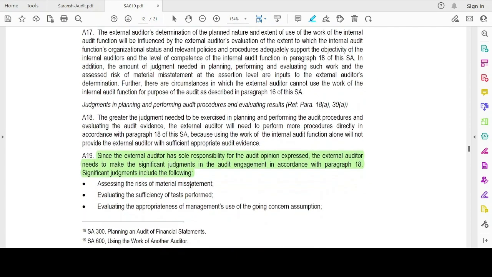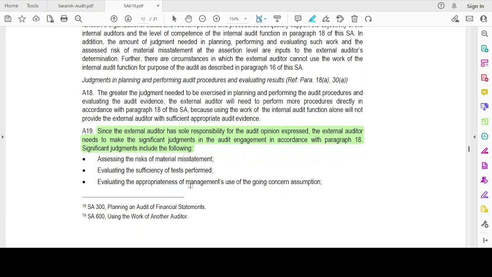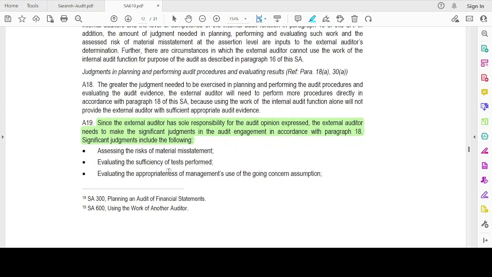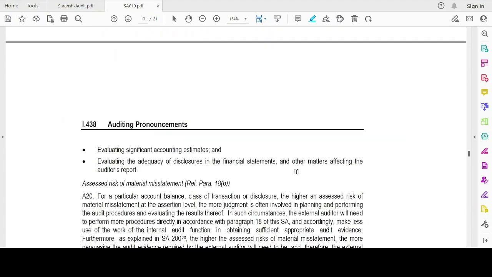Judgments in planning and performing audit procedures and evaluating the results. Since the external auditor has the sole responsibility for the audit opinion expressed, the external auditor needs to make significant judgments on the audit engagement in accordance with paragraph 18. Significant judgments include the following. What does significant judgment mean? Assessing the risk of material misstatement, evaluating the sufficiency of tests performed, evaluating the appropriateness of management's use of the going concern assumption, then evaluating significant accounting estimates, evaluating the adequacy of disclosures in the financial statements, and other matters affecting the auditor's report.